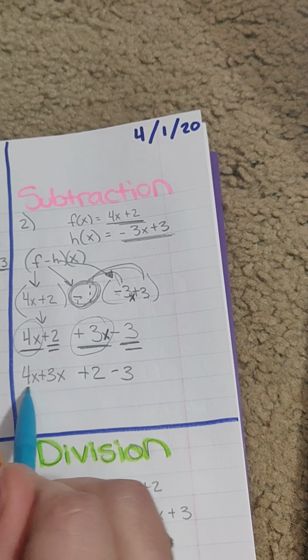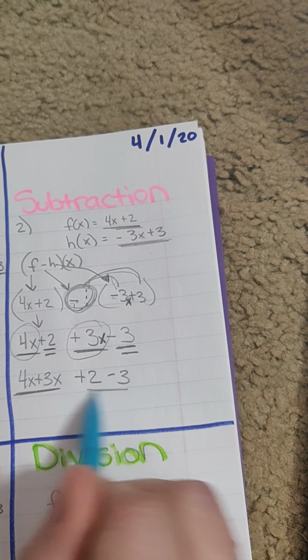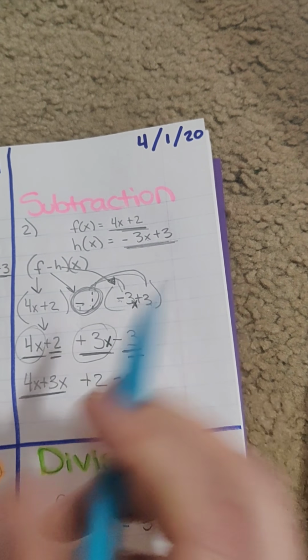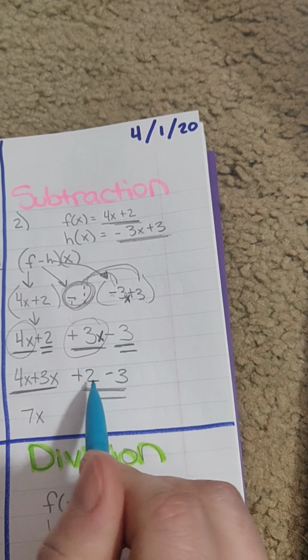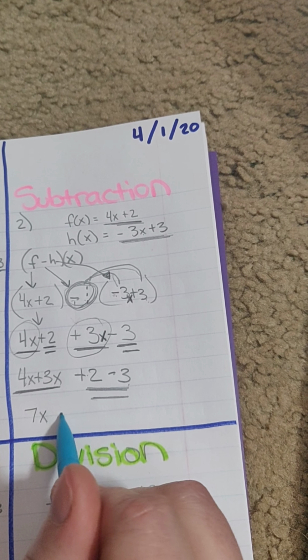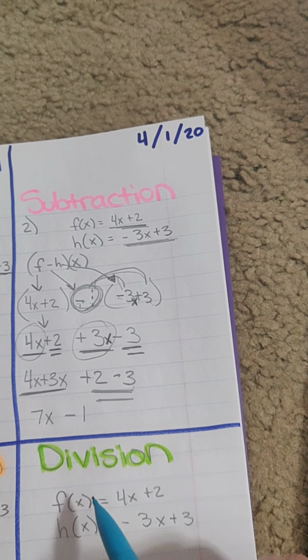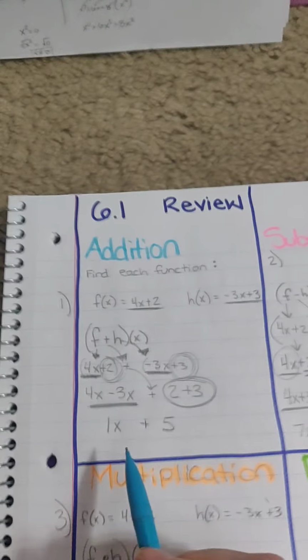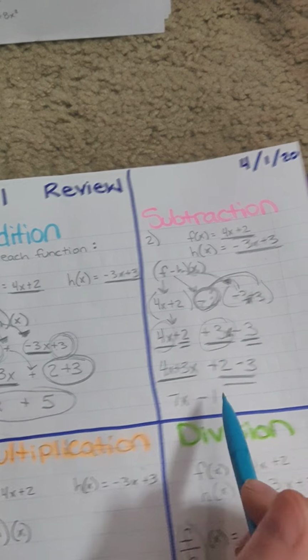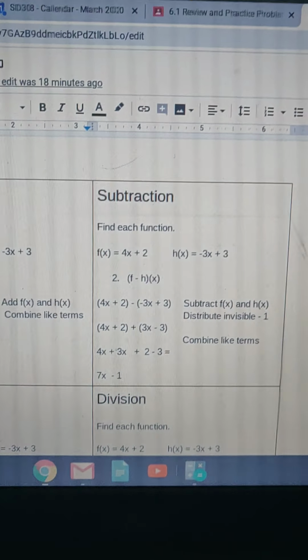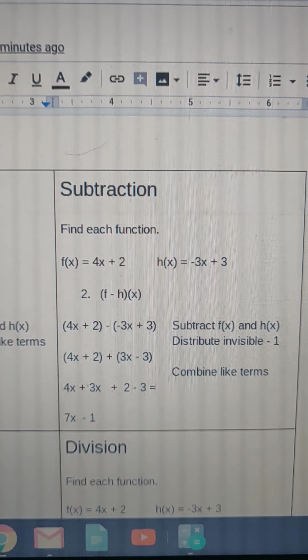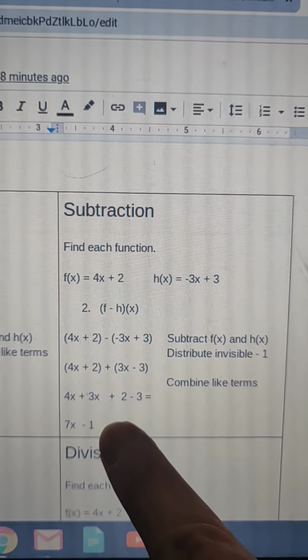So I'm going to combine these guys, and I'm going to combine these two. So 4x and 3x gives me 7x. And if I have 2 and I take away 3, I'm left with negative 1. I guess I could have circled my answer over here. That's my final answer. And if we take a peek at our Google Doc, we have 7x minus 1.